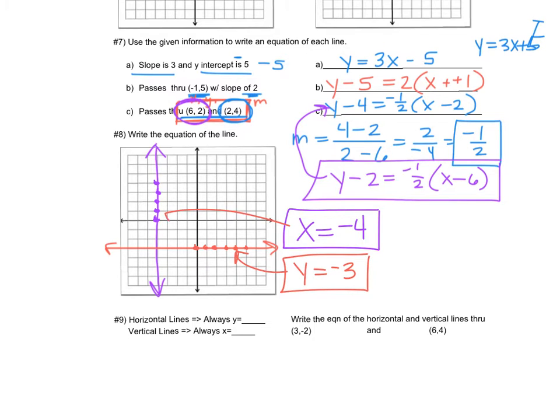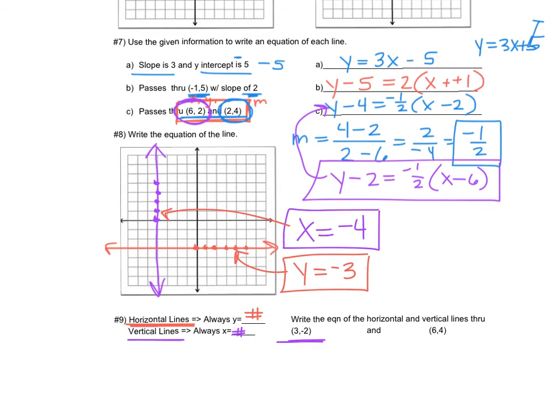So this is this line, that is that line, okay? Here's the rule. When you are working with a horizontal line, it is always y equals whatever number your y value is at. When you are working with a vertical line, it's always x equals whatever number your x falls at, okay?